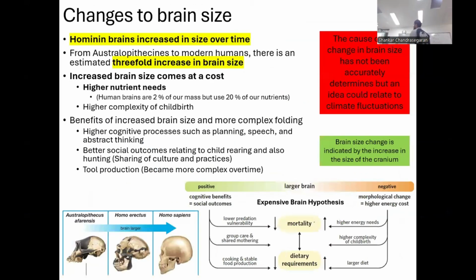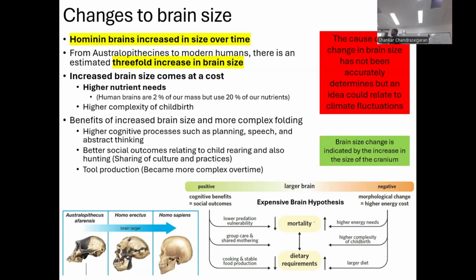Another thing to note is that we don't actually have evidence of knowing whether the brains were bigger or smaller, because we don't have fossils of brains. Brains don't fossilize. The only way we are hypothesizing that the brain size increased is due to the fact that the size of their craniums, basically their skulls, increased as well, indicating that their brain size increased as well.